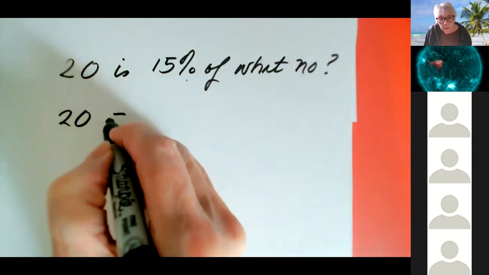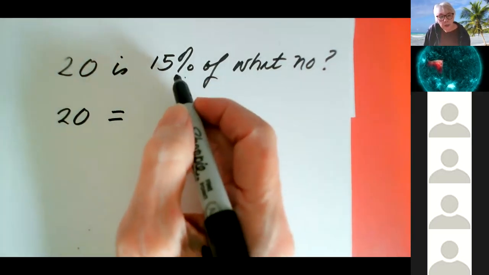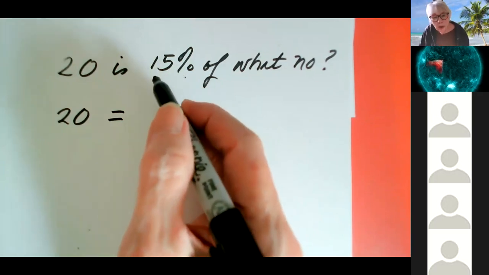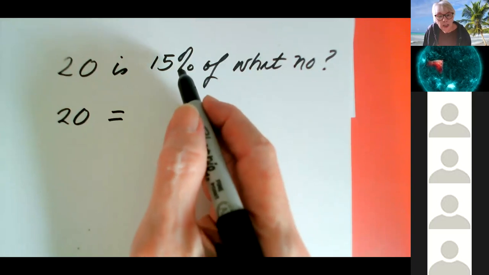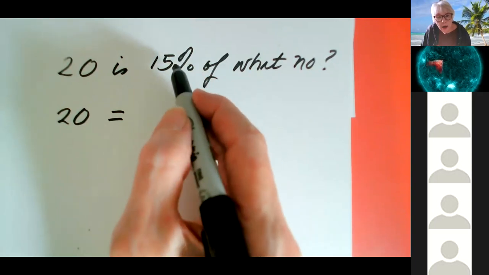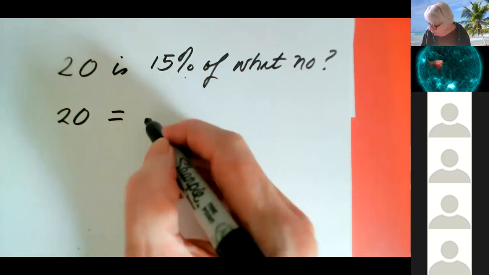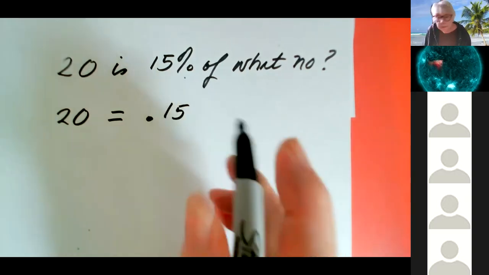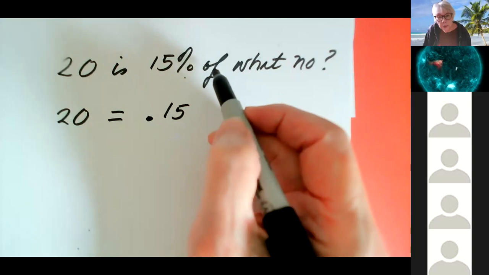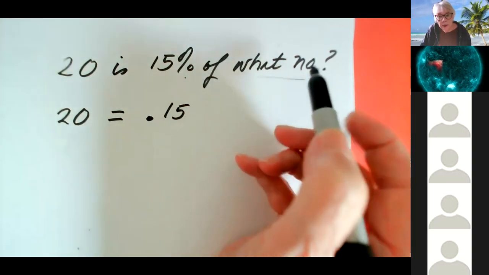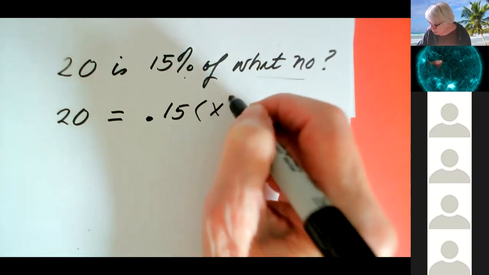Is equal. 15%, I think I'm going to go with the decimal. So 15%, the percent comes off, the decimal goes back 2, so it's 0.15. The word of is multiply, and the what number is times x.